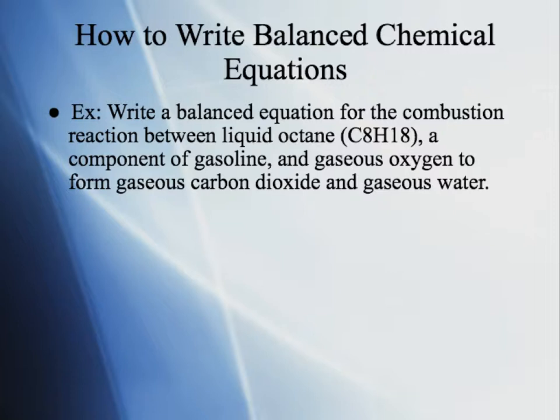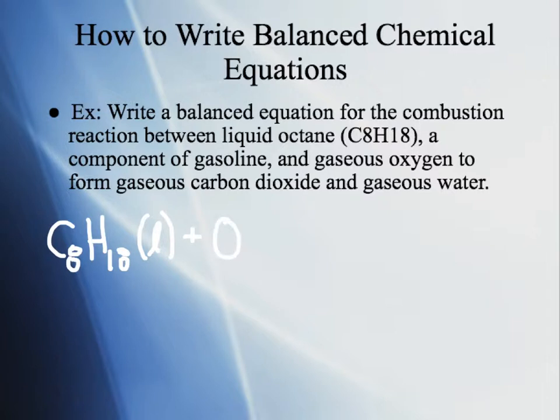Okay, so we first put down our first reactant, which is C8H18. It's a liquid, so we put an L behind it. We're going to react that with gaseous oxygen.